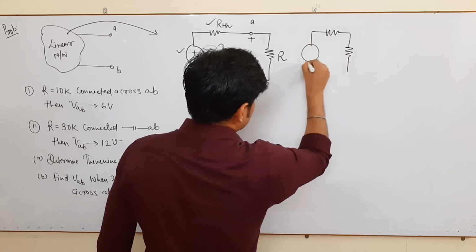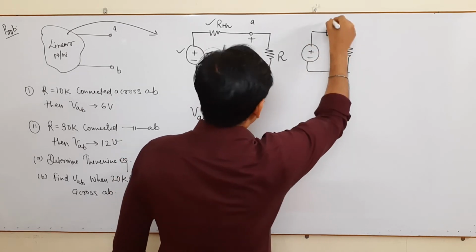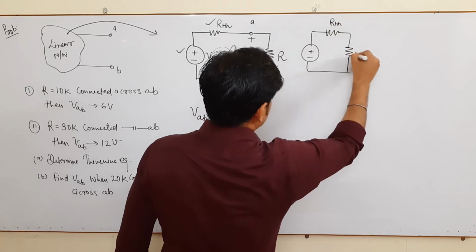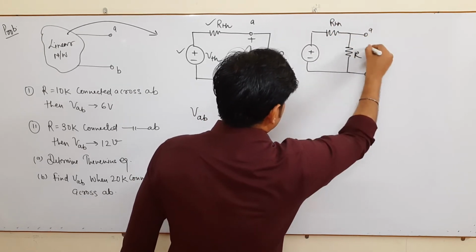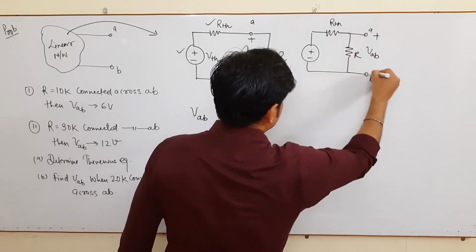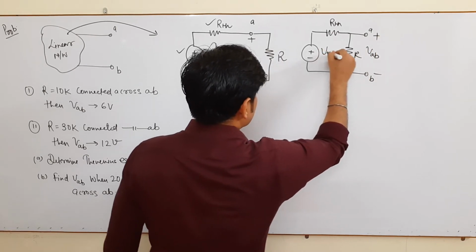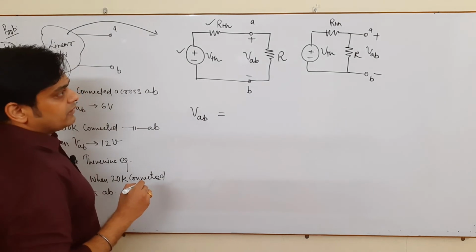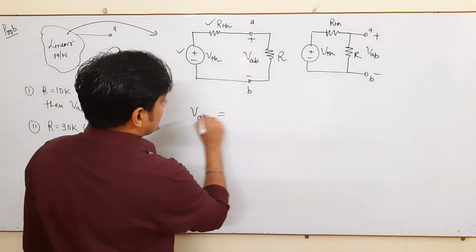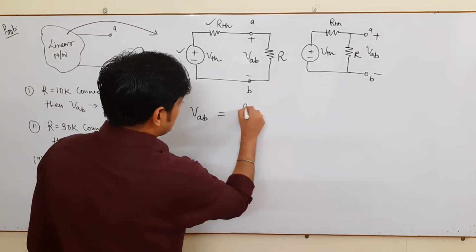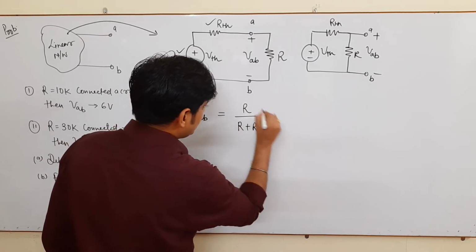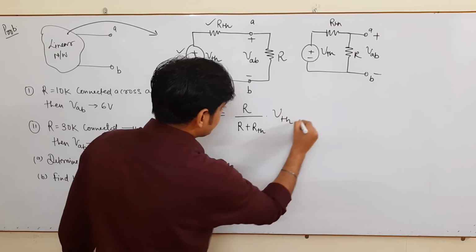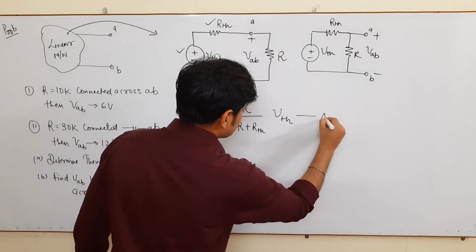Here is your VTH, this is your RTH, this is your R, and here this terminal AB where the voltage appearing is VAB. So can you find VAB with the voltage division rule? Yes, it is R upon R plus RTH into VTH. I say let this equation be A.